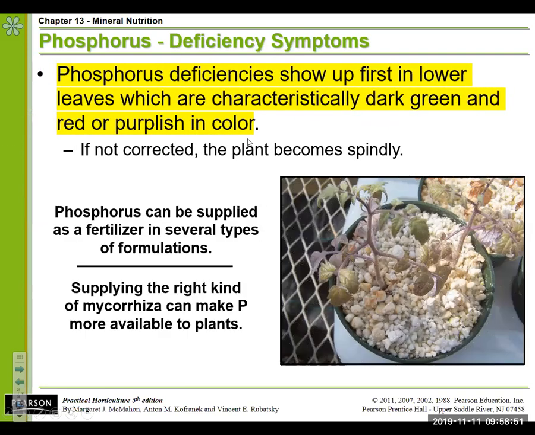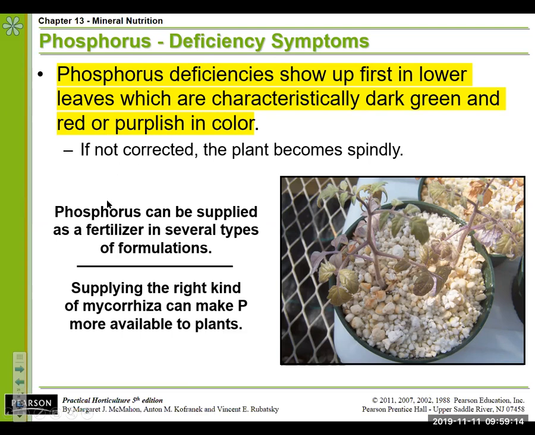So for phosphorus, what we usually see is a deficiency symptom. Again, we're going to see it first in the lower leaves. It's not as mobile as nitrogen, but it still can be moved from older leaves into newer leaves. So we'll first see it in the lower leaves. They'll be dark green and often red or purplish in color.